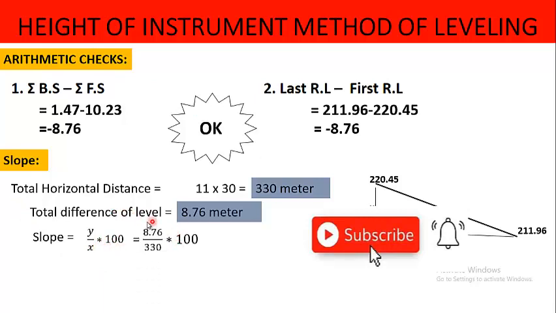The value of y, that is vertical distance, is 8.76. Horizontal distance is 330, into 100. To get the slope in percentage, we will get the slope 3.06. It means that the difference between the level of point A and point B is 3.06%. That's all for today.